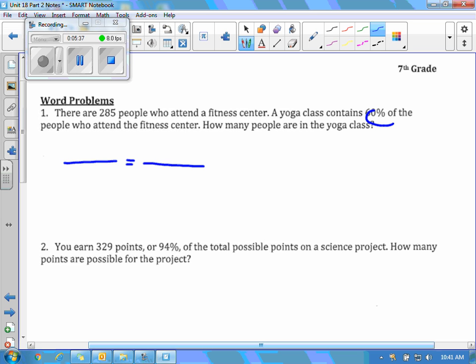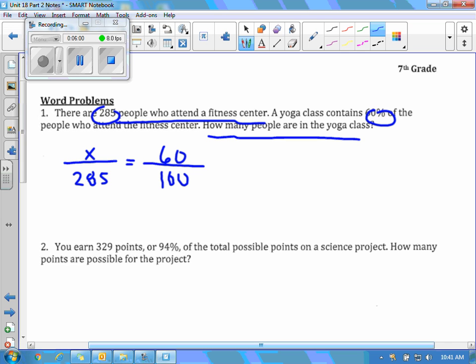We have 60%, so that means this is going to be 60 over 100. It says there are 285 people who attend a fitness center. 60% are in the yoga class. So 285 is the total who attend the fitness center, so that's going to go on the bottom. How many people is the part, so that's going to go on the top.